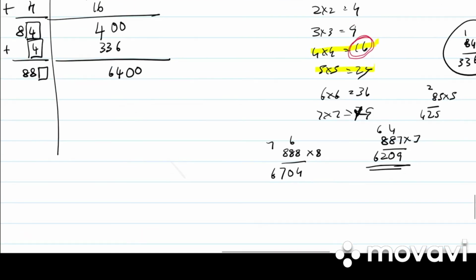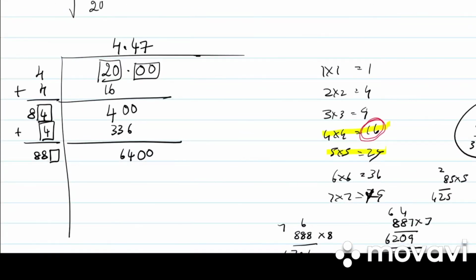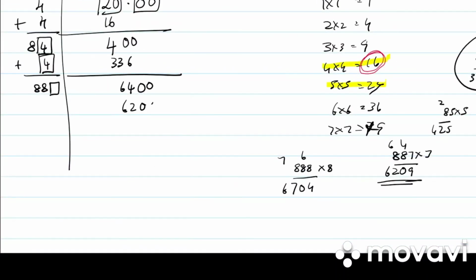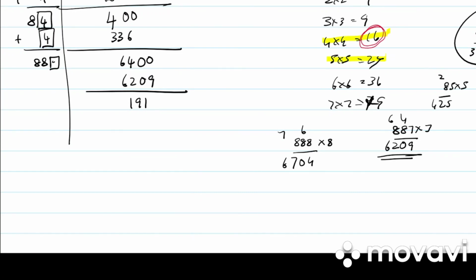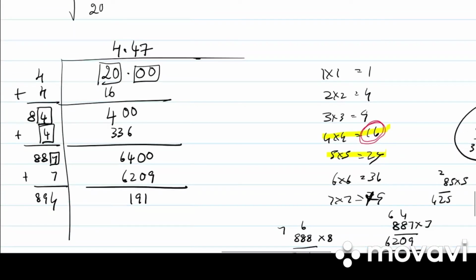We get 6209. So it is 7, 6209. Remainder we get 191. We add 7 and 7. So we get 894. After 2 digits, we will be stopping. So what is the square root of 20? It is 4.47. Clear?